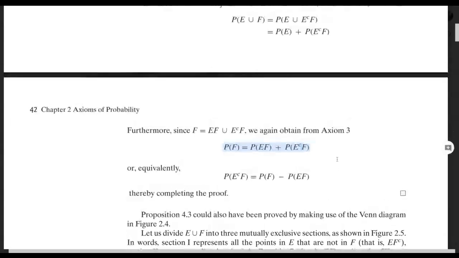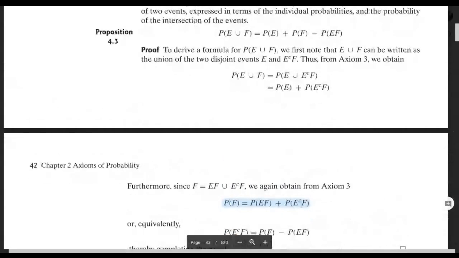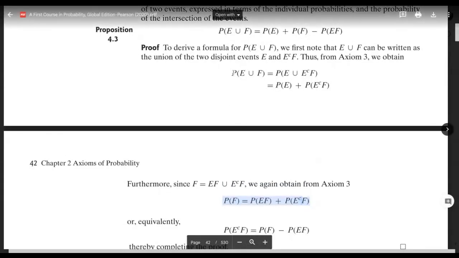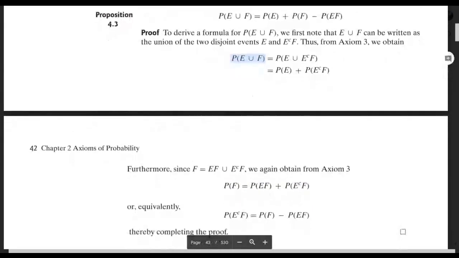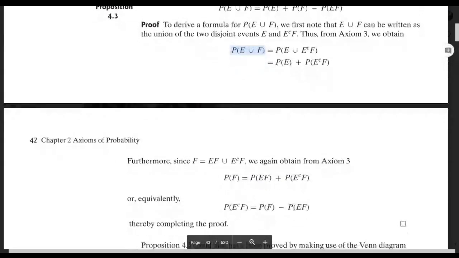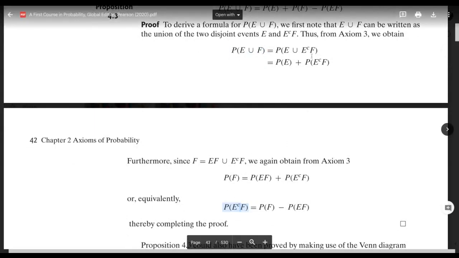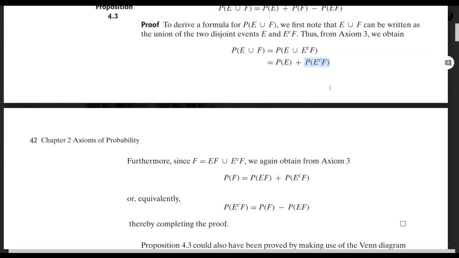So let's see why this is proof that E union F. We start with the probability of E union F, so we finish with P of E, P of F. All right, that's right. We substitute this one into here, right?